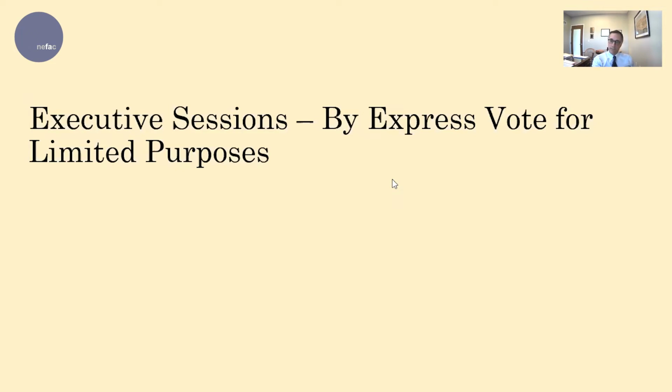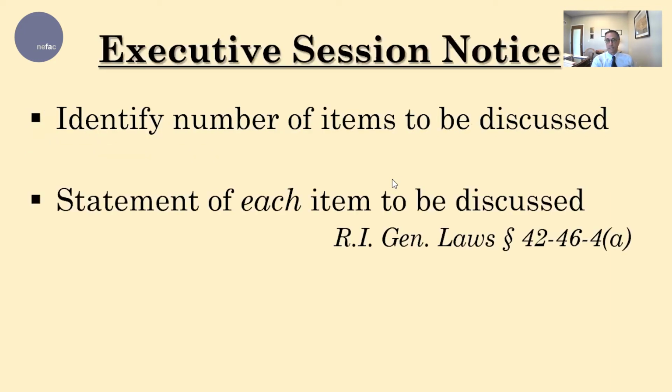Before that can take place, the board needs to vote expressly why it is going to meet in executive session. It needs to cite the statutory reference that allows it to meet in executive session. I'll show you some of those type of topics that can be done. And only upon an express vote can it then convene the executive session.